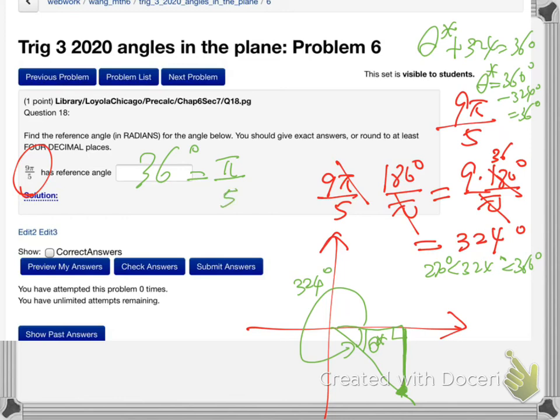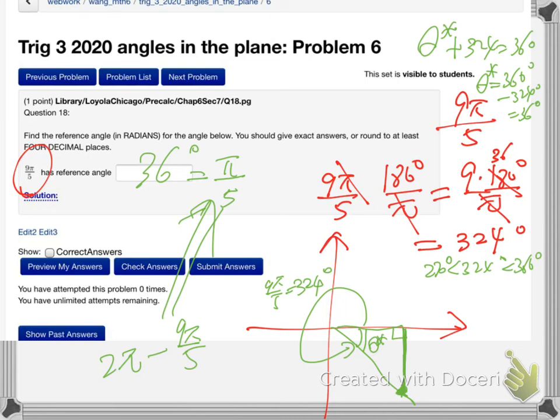If you use only radian measure, this is much easier: it's 2 pi minus 9 pi over 5, so you get pi over 5. You have to draw the picture, then you know theta star, the reference angle.